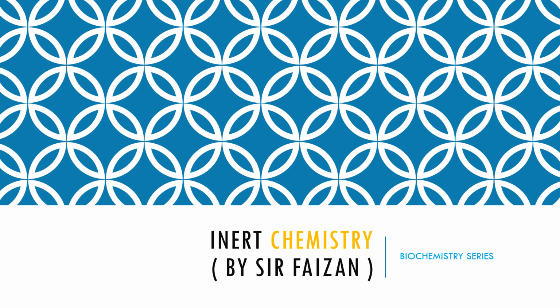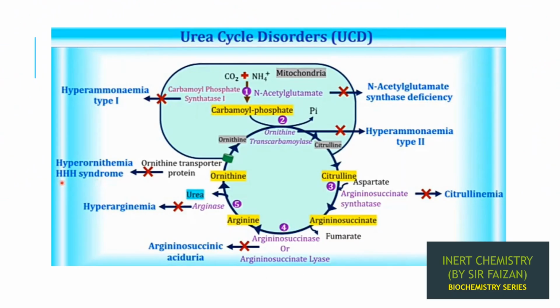Welcome to Inert Chemistry. In today's video lecture, we focus on urea cycle disorders. In the previous video, we studied the urea cycle and learned that it consists of 5 steps and 5 enzymes are involved in it.